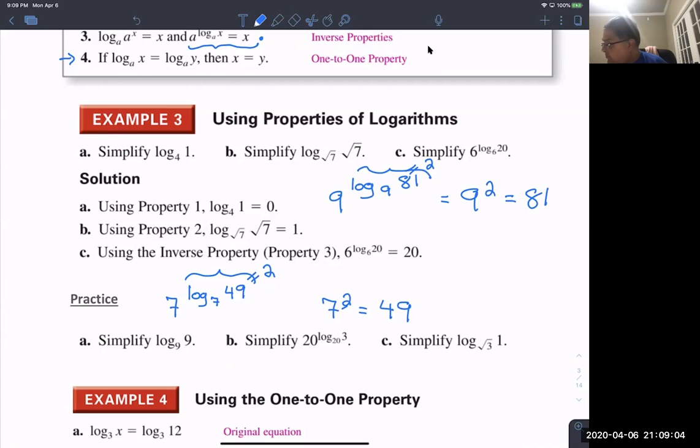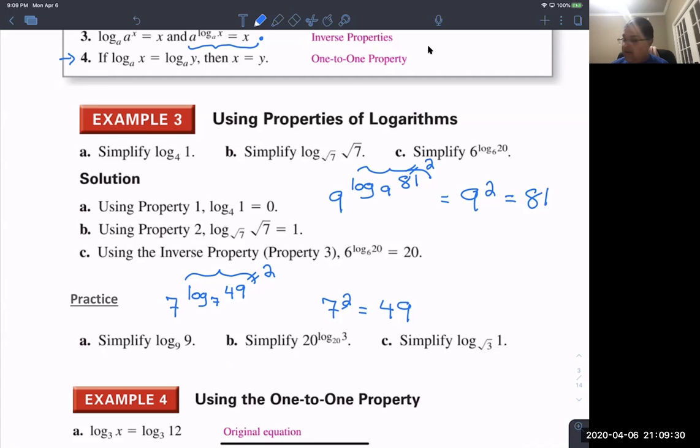One more. 2 to the log base 2 of 8. Well, this is equal to 3. Log base 2 of 8: 2 to the third power gives me 8. So log base 2 of 8 is 3. And 2 cubed, therefore, is 8.